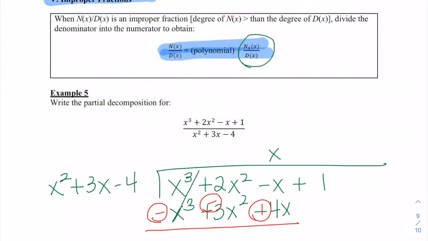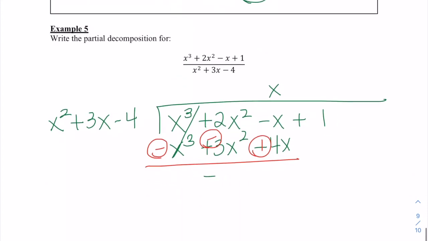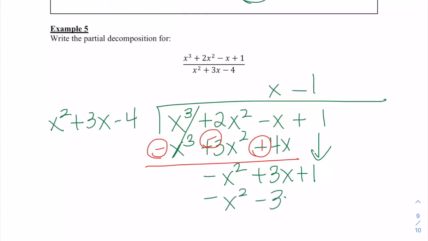These will cancel, and we'll have negative x squared plus 3x, and then we bring down the 1, so plus 1. Now I need to multiply x squared by negative 1, so that's negative x squared minus 3x plus 4.